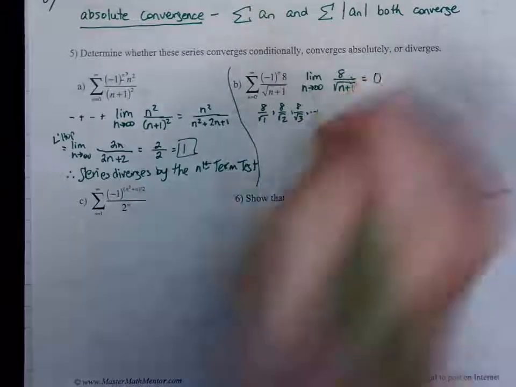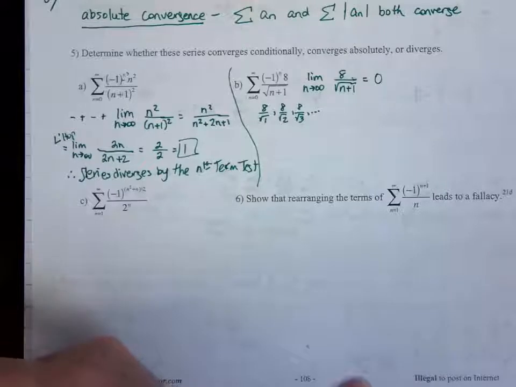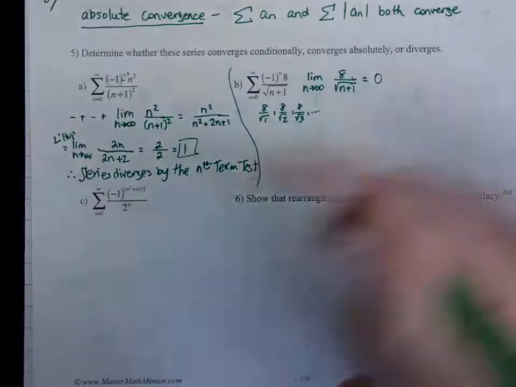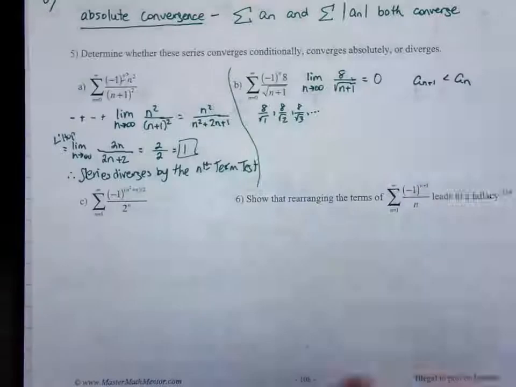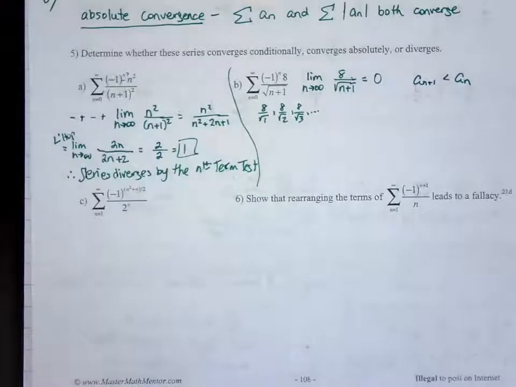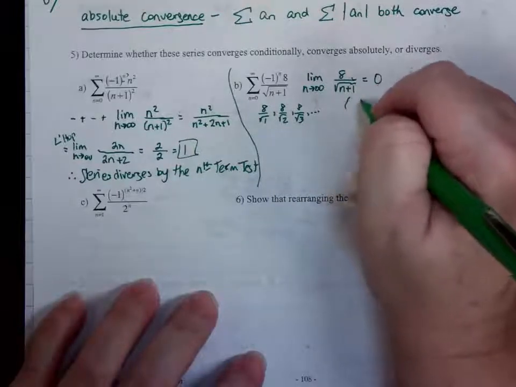Are those getting smaller? Yes. Denominators get bigger, so fractions get smaller. So a sub n plus 1 is less than a sub n. You have to write that down. You have to show the limit is 0. You have to write down that you tested and made sure that the terms are getting smaller. Therefore, a sub n converges.